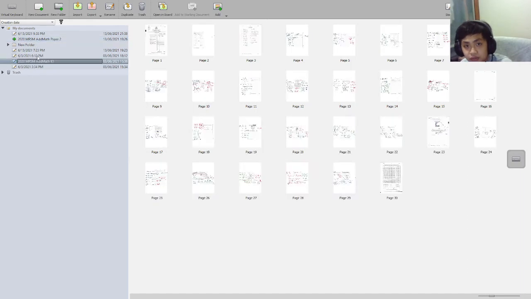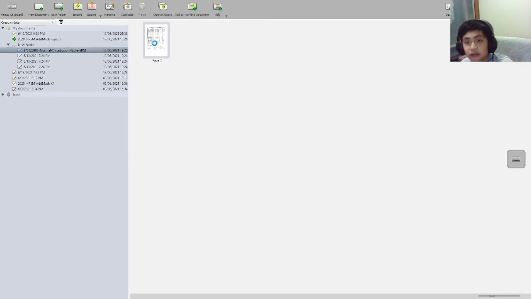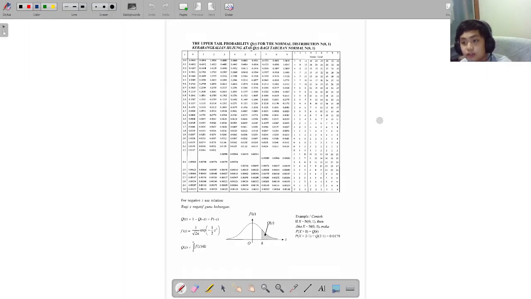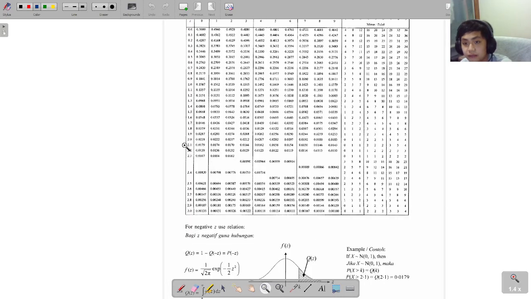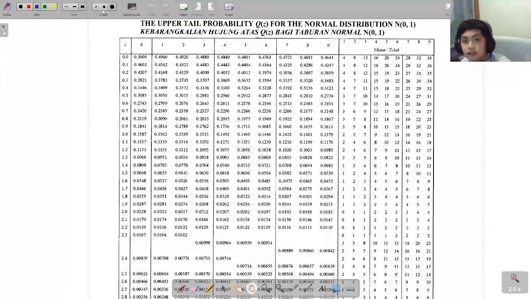So I'm going to go to my z-score table. Is it here? Yes, it is here. So what was it just now? Negative 0.86 and 0.9. Let me just write it down so I don't forget.